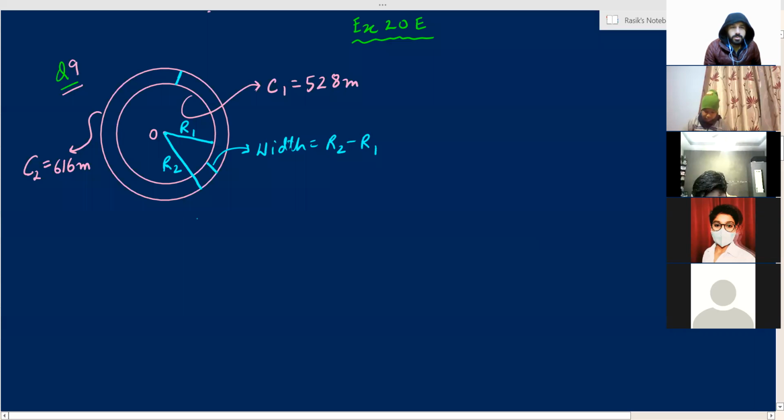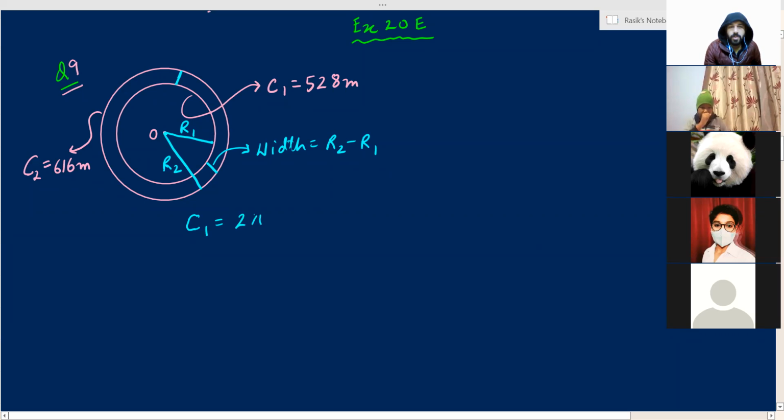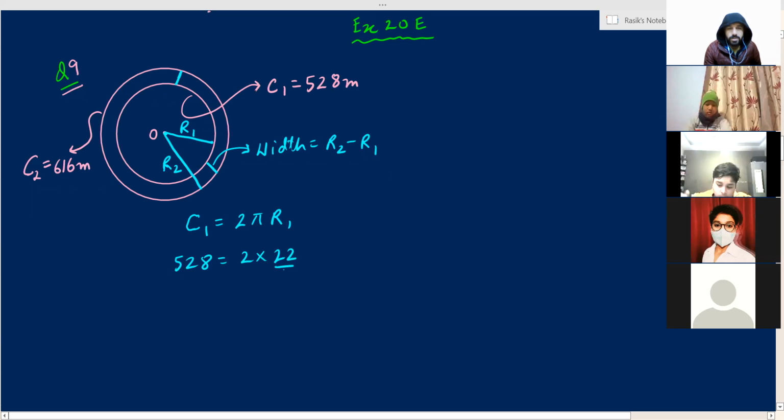So let's find the radius of the inner circle first. We will use the circumference of the inner circle. C1 equals 2 pi R1. We all know the formula 2 pi R, and I write R1 because it is the circumference of the inner circle. So C1, 528, equals 2 into 22 upon 7 into R1.